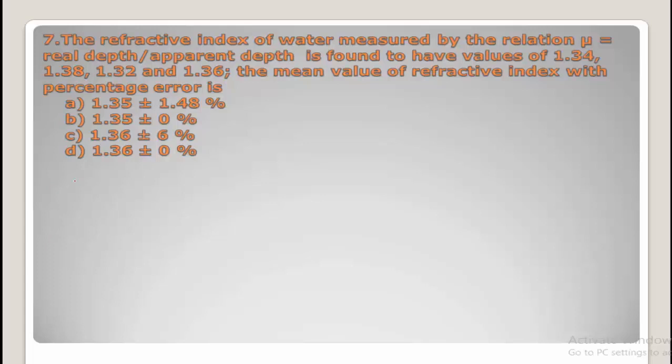So read the question. What are the given values? We have measured the refractive index of water given by mu. So we have measured the four values: 1.34, 1.38, 1.32 and 1.36.